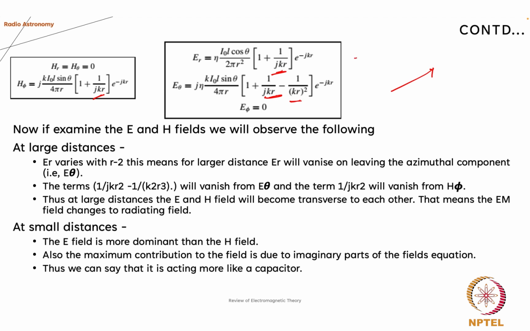The first part will be the near field, the second will be the Fresnel region or intermediate field, and the third one will be the Fraunhofer or far field. So there are three fields you can differentiate.